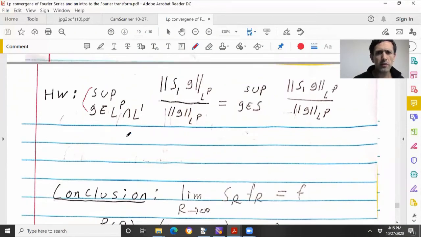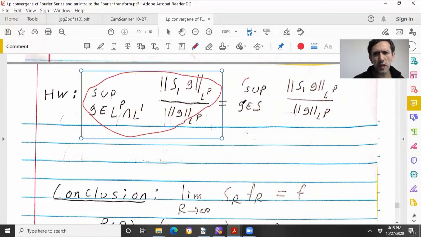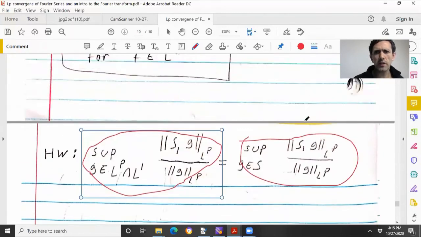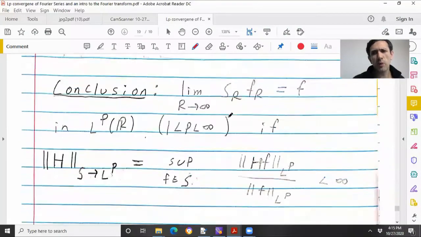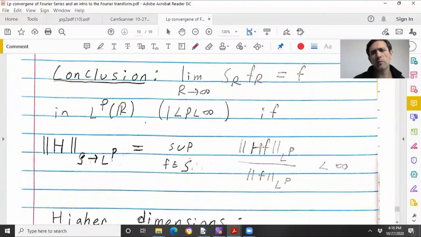Well, this quantity is certainly finite if the corresponding Hilbert transform bound from Schwartz functions to L^p is finite.